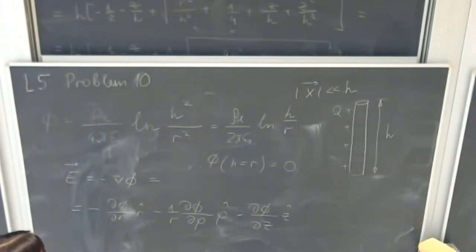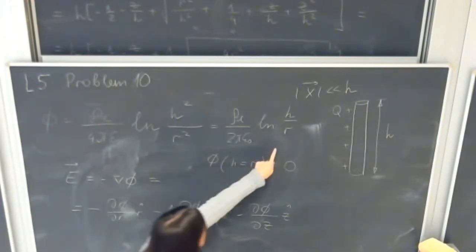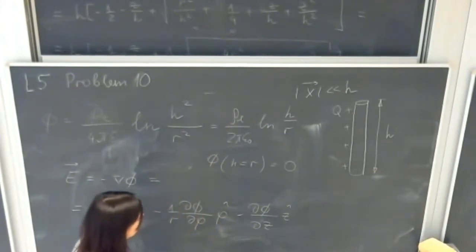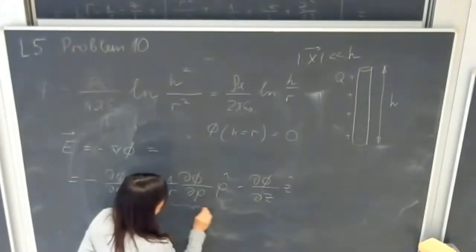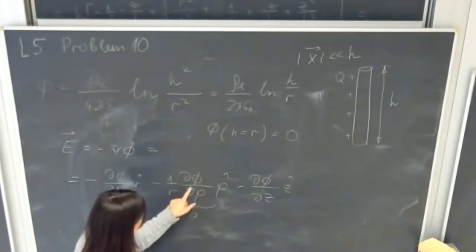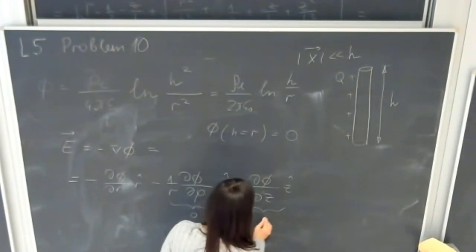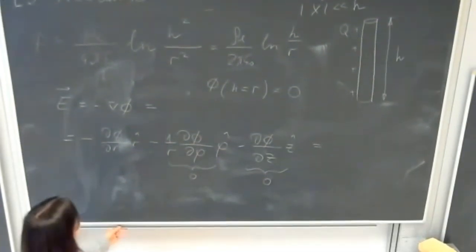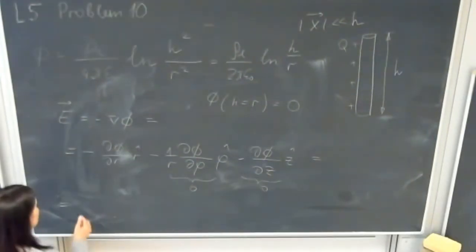Okay, so looking back to our potential, we need to take these derivatives. We have only r, we don't have z, we don't have any phi, so this part becomes 0 because of this derivative, and this part becomes 0. Left.